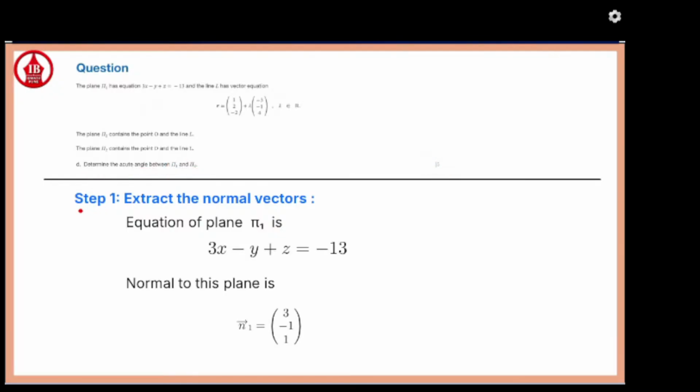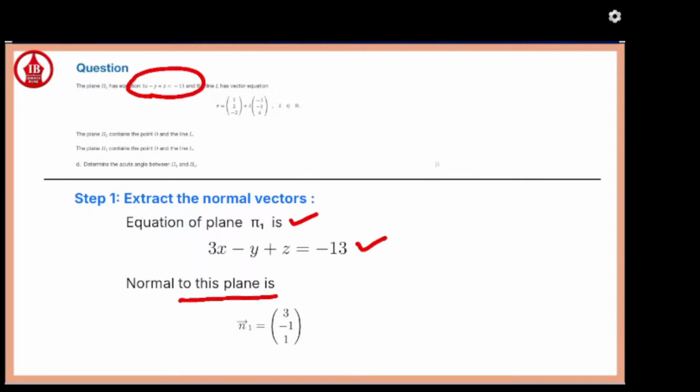Okay, so look at the steps. Step 1, extract the normal vectors: the normal vector to plane pi 1 and the normal vector to plane pi 2. The equation of plane pi 1 is this, so I wrote it here.